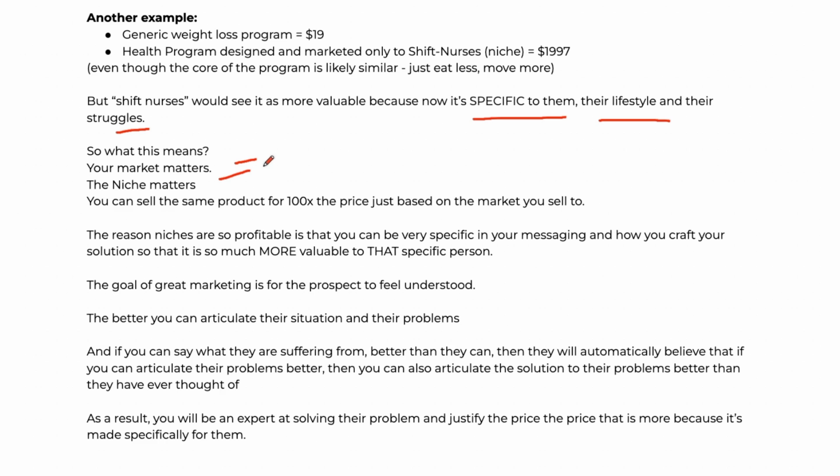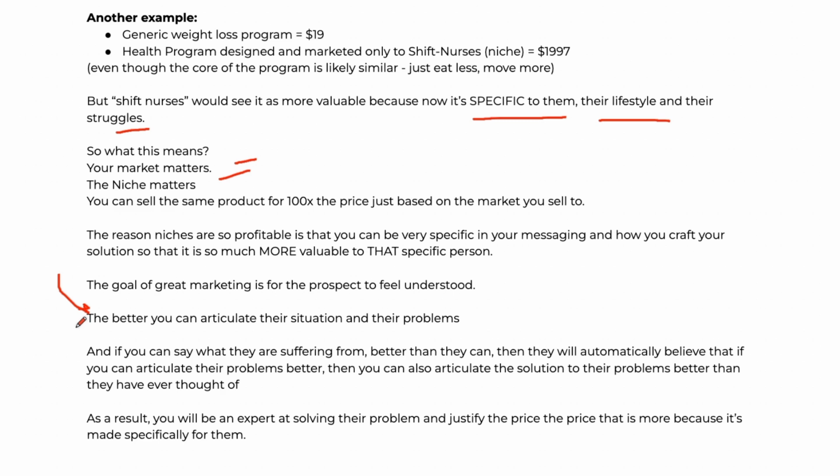And all of this works because you are able to articulate to the market their specific situation and their problems in a way that makes them think, man, this person is so good at articulating the problems that I specifically have as a shift nurse.